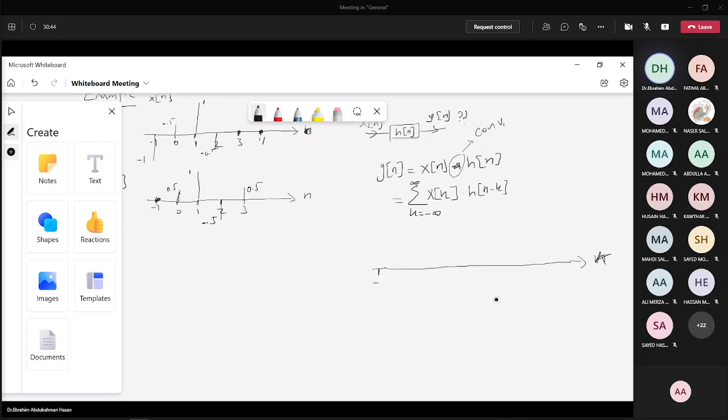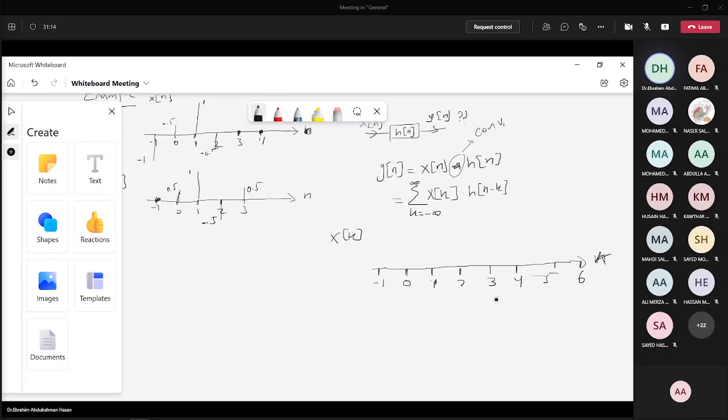So -1, 0, 1, 2, 3, 4, 5, and so on. x of k is exactly the same.